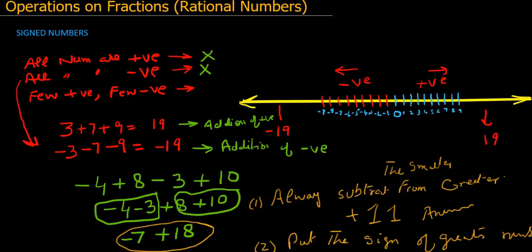If few numbers are positive and few are negative, you first add all negative numbers together and put a negative sign. Add all positive numbers together, put a positive sign. Then always subtract the lesser from the greater number and put the sign of the greater number.